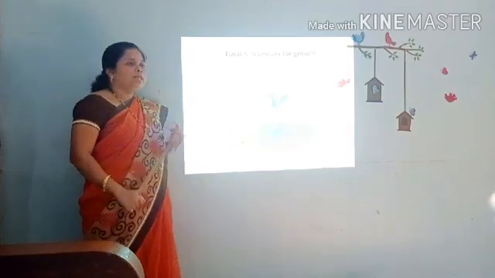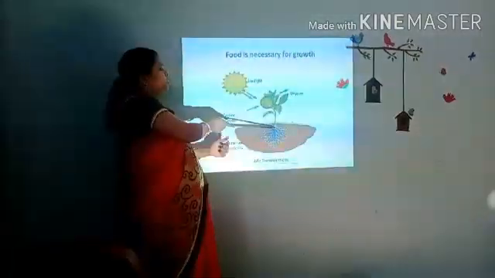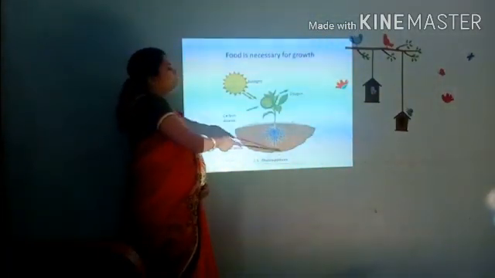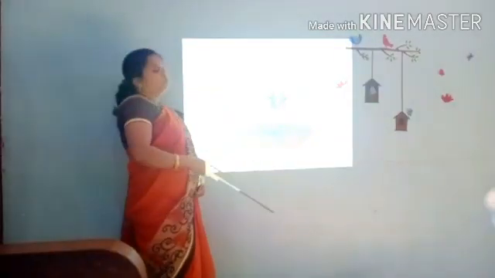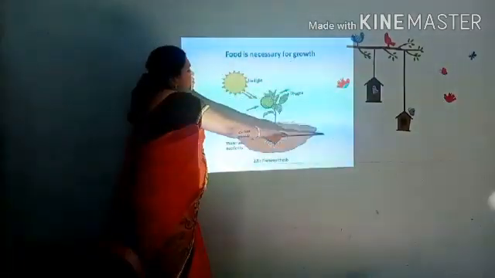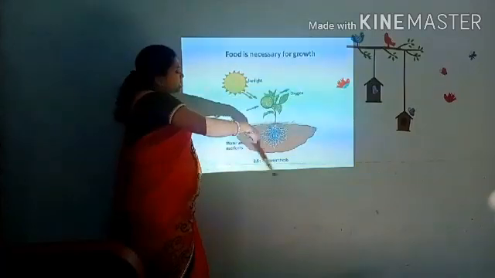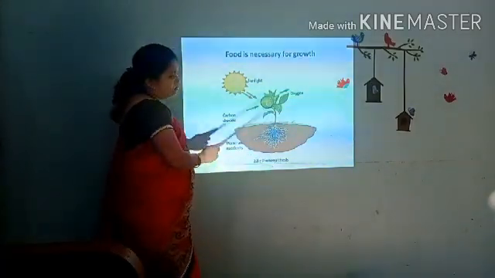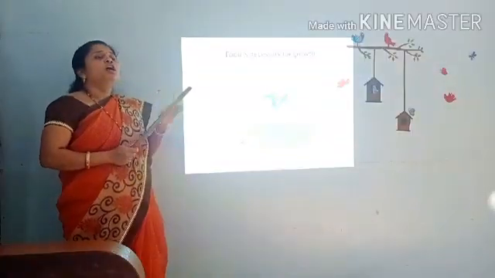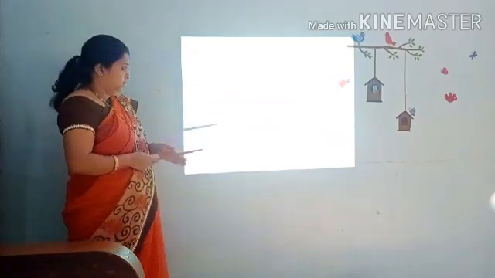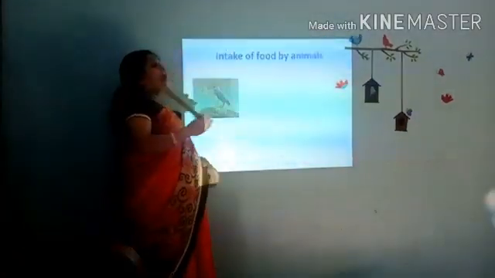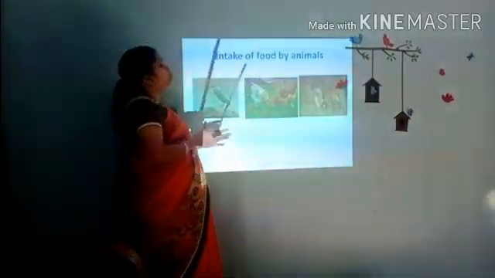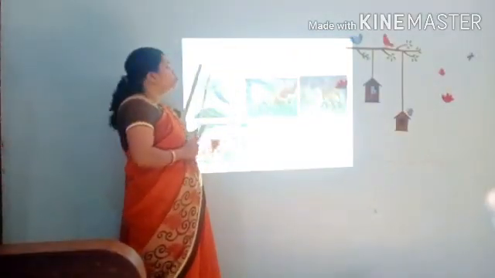And when they prepare their food, they store that food in the stem or in the leaves and they release oxygen. This process is called photosynthesis.